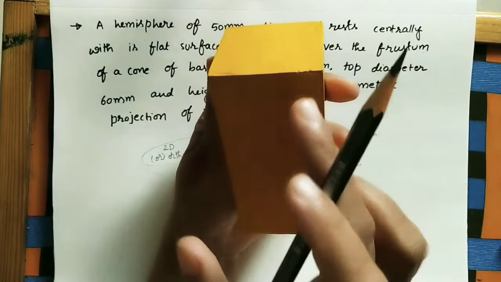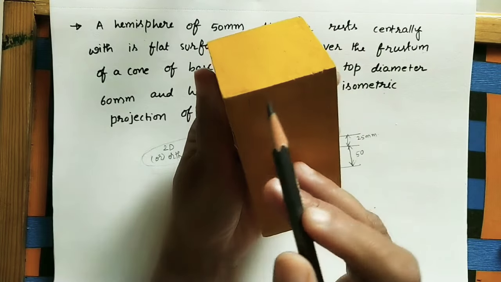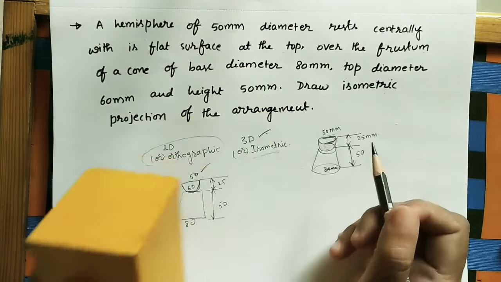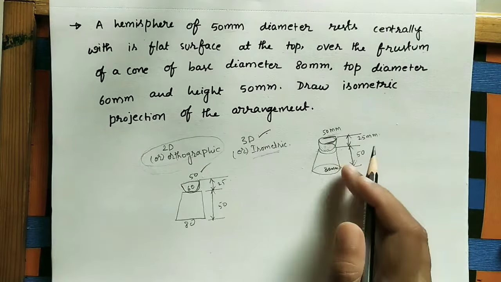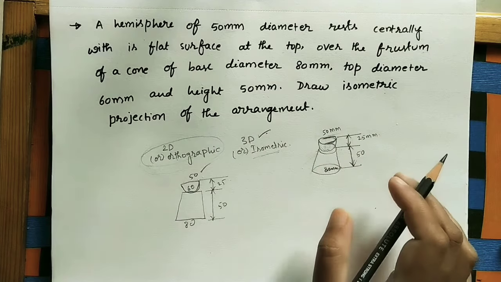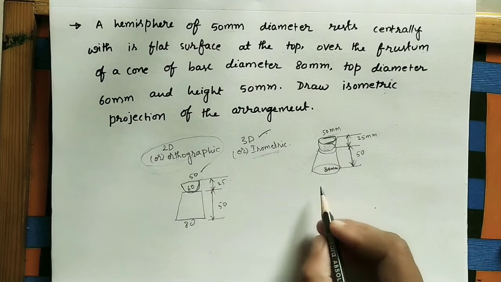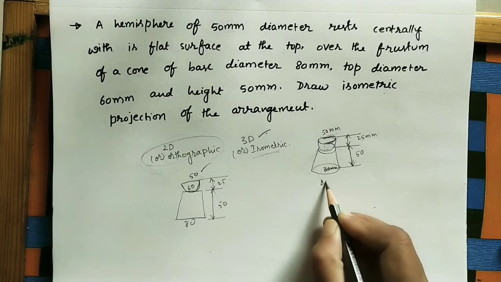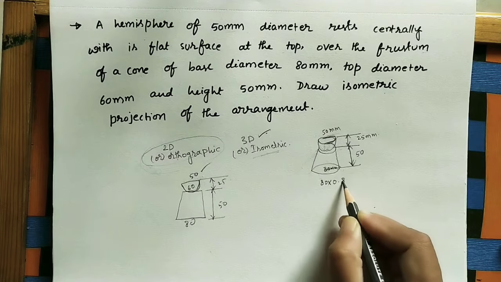How much is the length changing? Whatever this length is, we have to multiply it with 0.816. Here also we have to calculate all the values. We have to multiply all the values with 0.816. Let us take this diameter, 80 mm. We have to multiply it with 0.816.